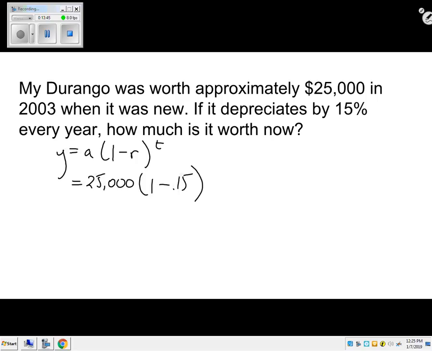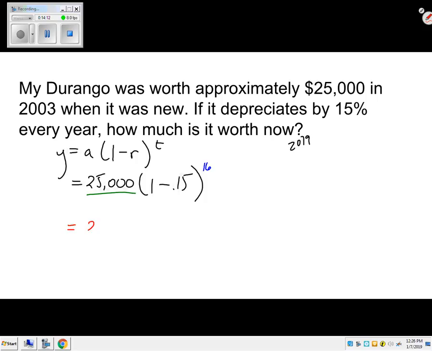How much is it worth now? Well, it's 2019. I don't want to plug in 2019, but instead I want to plug in the number of years it's been since the Durango was worth this $25,000. So if I just do some subtraction here, 19 minus 3, it's been 16 years that he's held on to that Durango. So now this just turns into a calculator problem.